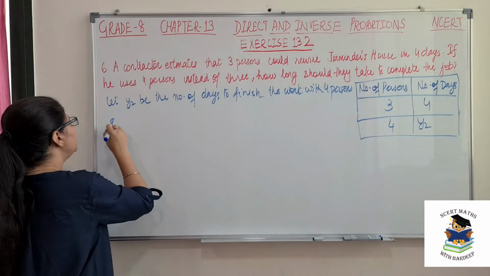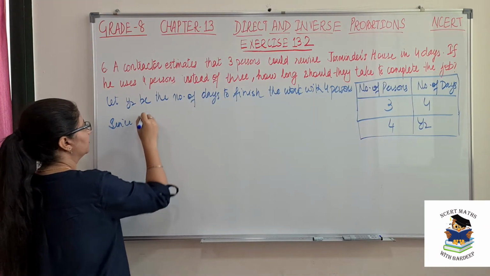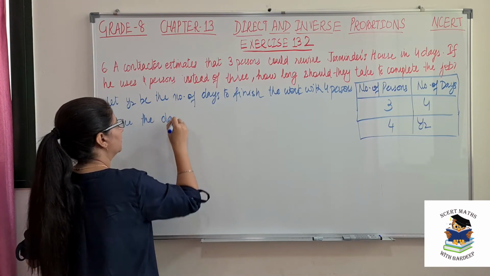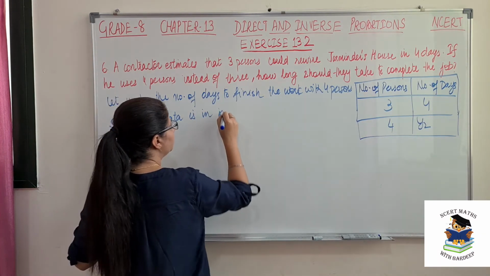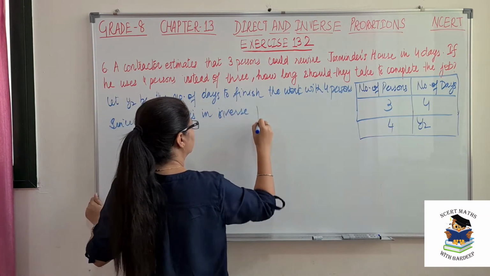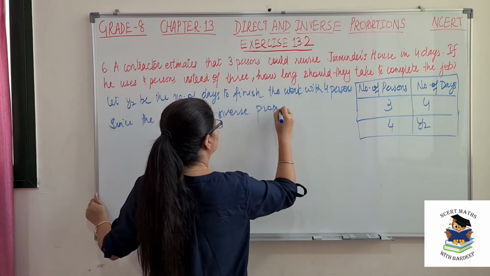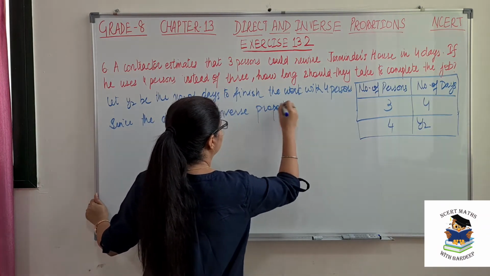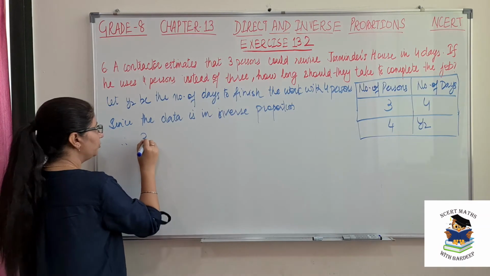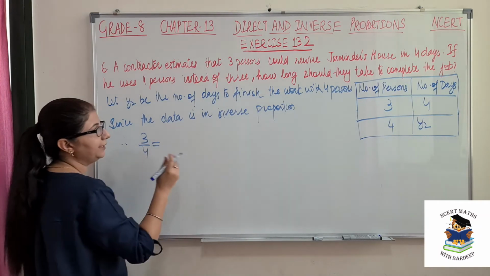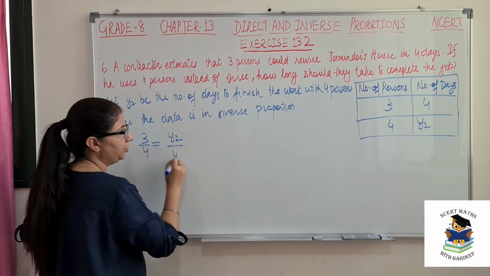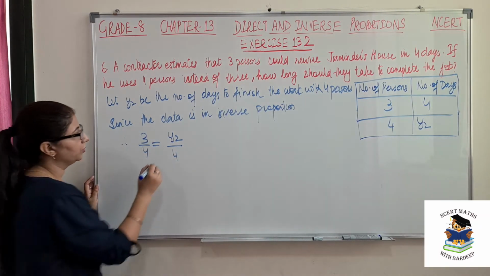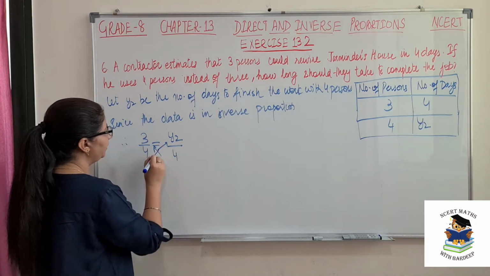Okay, so since the data is in inverse proportion, therefore 3 by 4 is equal to y2 above and denominator will be 4. So now we will cross multiply.